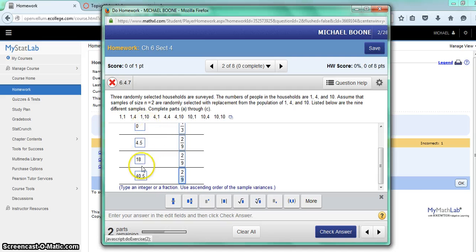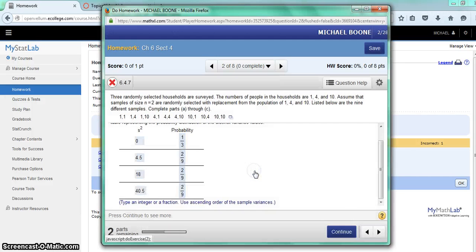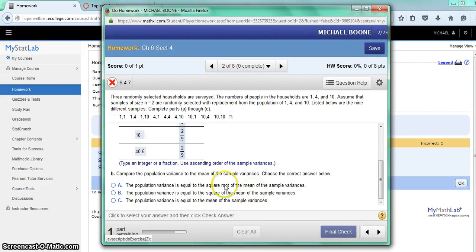So here's all the possible variances, and here's the probability when selecting 2. So now compute the population variance to the mean of the sample variances.